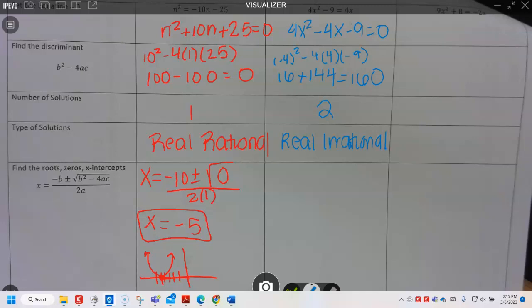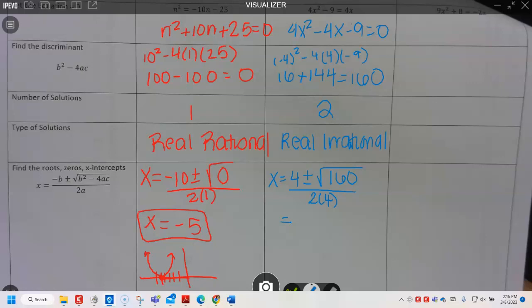Plug into the quadratic formula. X equals negative b, so 4. Must put your plus or minus square root of the discriminant all over 2a. A discriminant value of 160 can be simplified because 160 divides by 16 and 10, where 16 is a perfect square.